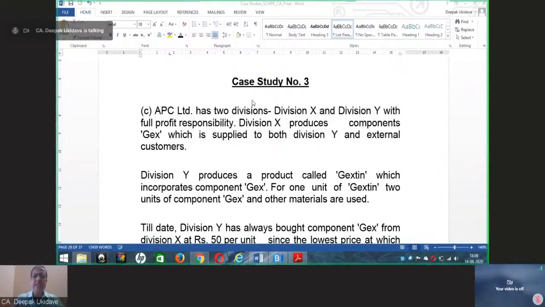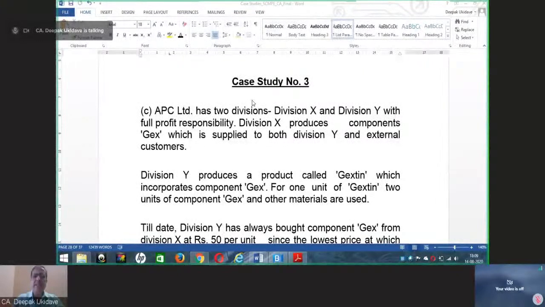So three scenarios you have to respond to. Scenario 1 is the present scenario, the current situation, that you have to discuss. Then scenario 2 is the proposed one, that is, he accepts the new offer.